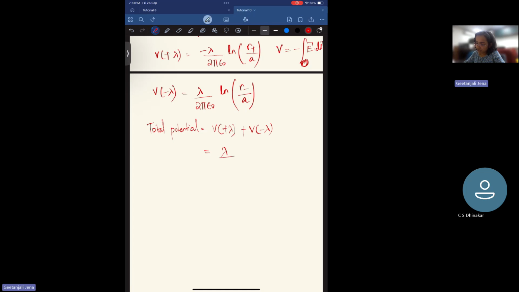Putting it in, V plus lambda is minus lambda by 2 pi epsilon naught ln r plus plus a, and this is lambda by 2 pi epsilon naught ln r minus plus a. So this will give lambda by 2 pi epsilon naught ln of r minus by r plus.